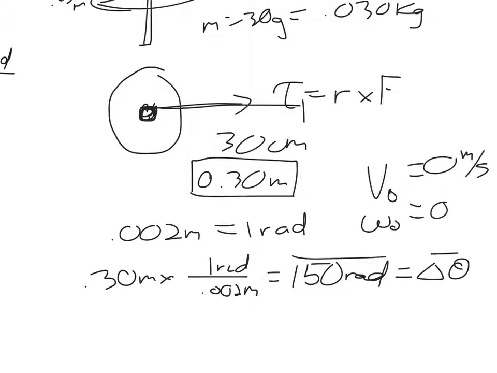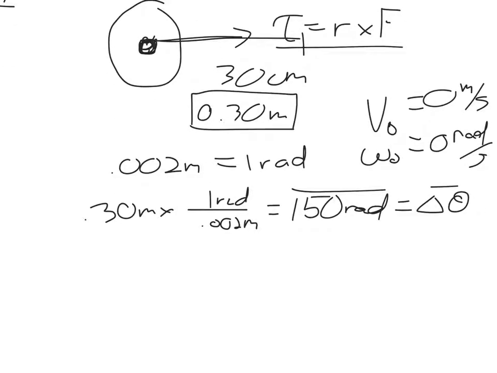So whether I need linear or whether I need angular, I've got it covered. So I've got theta, I've got omega, and with this equation here, I should be able to get an acceleration. So let's make that equation happen. So if we have a torque, which we do, the torque will cause an I alpha.